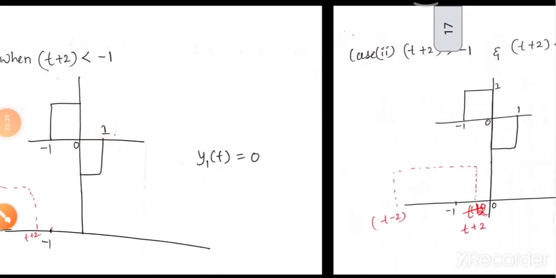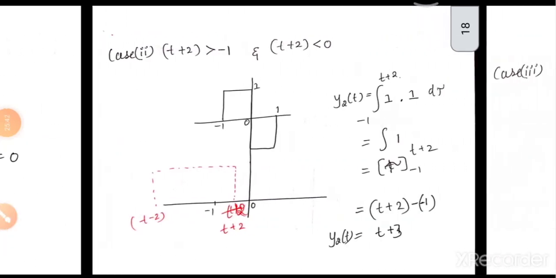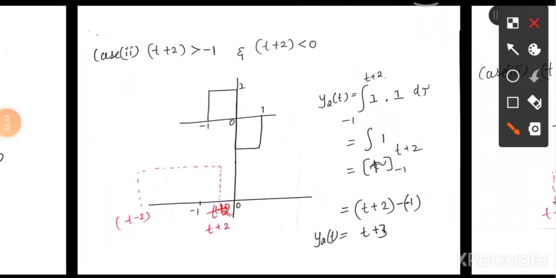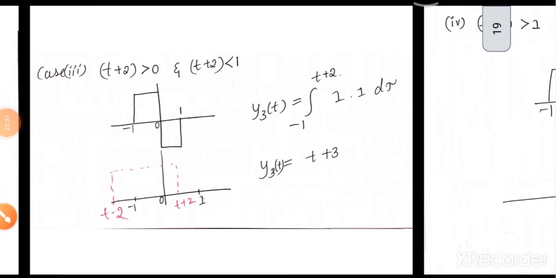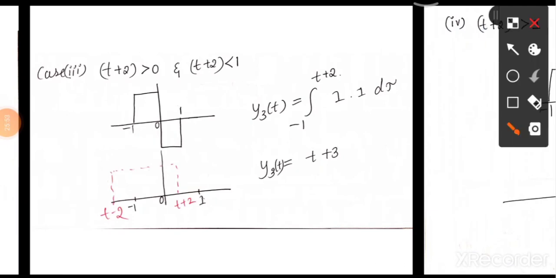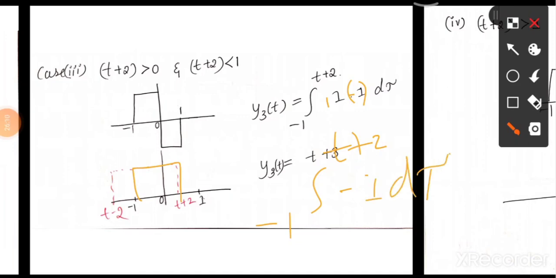One thing: here we have written that its magnitude is minus 1. I'm sorry. From minus 1 to t plus 2, the first signal was 1, the second signal was minus 1. So if you integrate minus 1 from minus 1 to t plus 2 with respect to tau, you substitute the values.